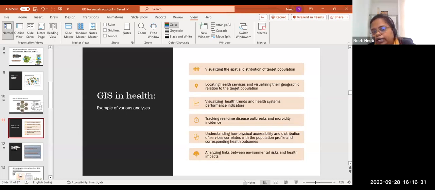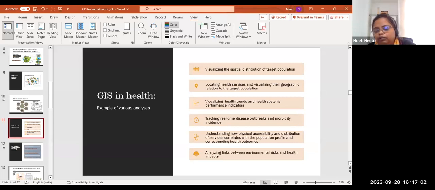For example, COVID-19 is the latest case where spatial analysis and GIS were widely used to look into that. Understanding how physical accessibility and distance of services correlate with the population. So basically, how physically accessible are these hospitals or healthcare services, and how far they are from the target population.